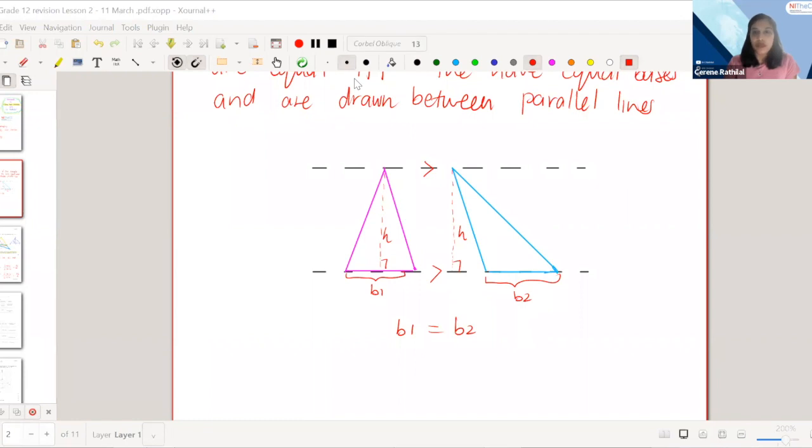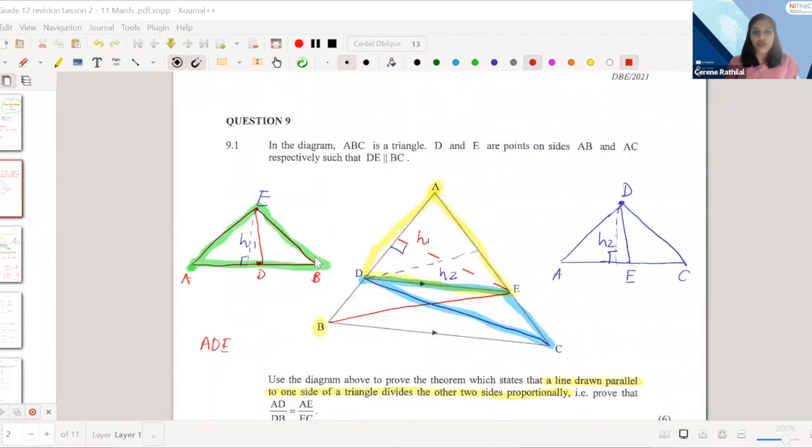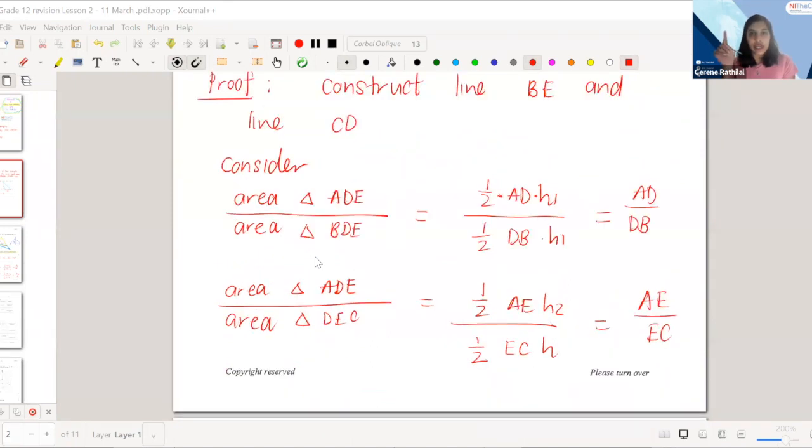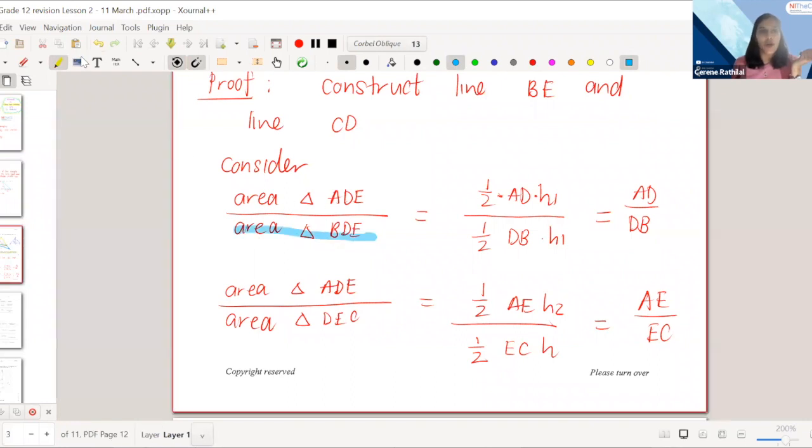Okay, so let's now go back to this proof, and it is that result that I had explained. When you have things occurring between two parallel lines, they end up having the same area provided they have the same bases. So we will now utilize that result to see why the area of BDE is equal to the area of DEC, right?